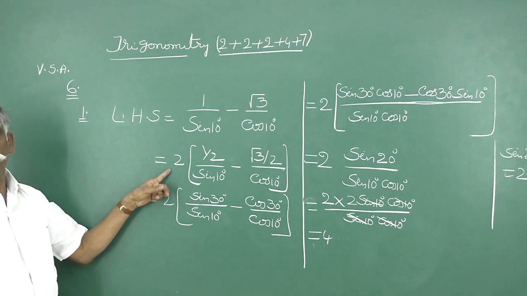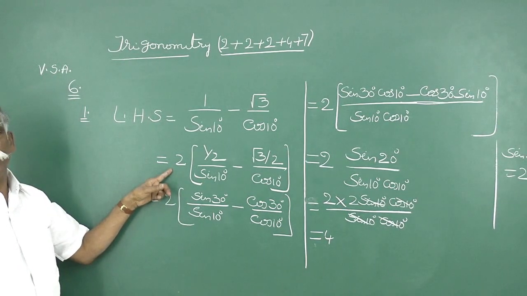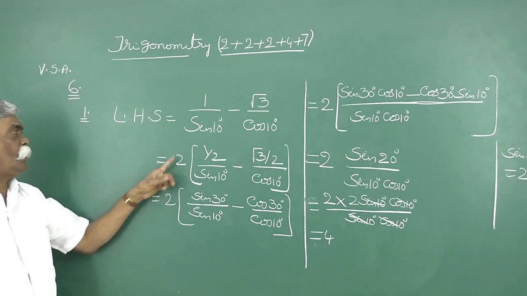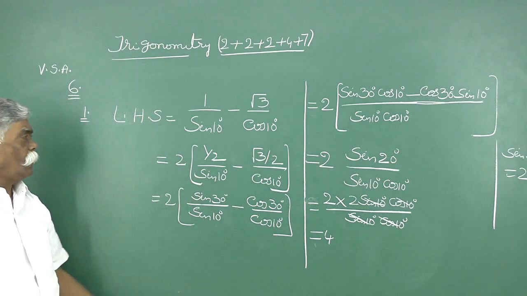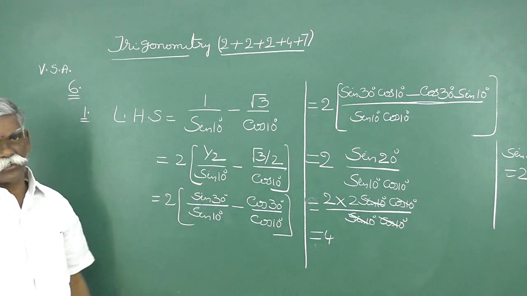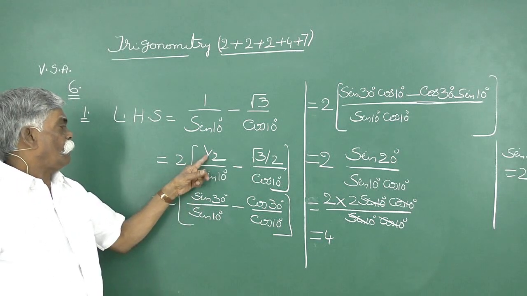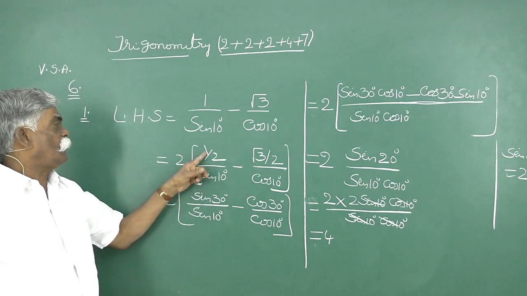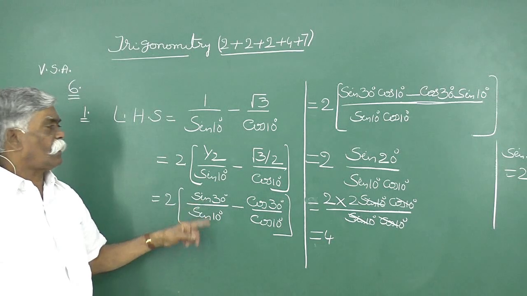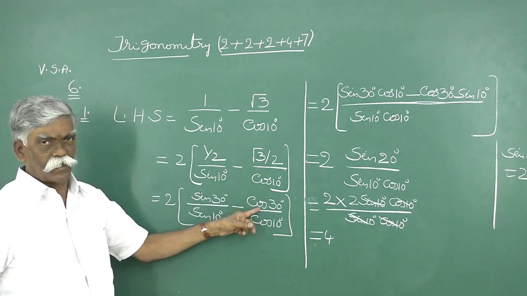Outside we are multiplying by 2 and inside we are dividing by 2. So this is 2 into 1 by 2 by sin 10 minus root 3 by 2 by cos 10. Sin 30 is 1 by 2, therefore 1 by 2 is written as sin 30 and root 3 by 2 is written as cos 30.